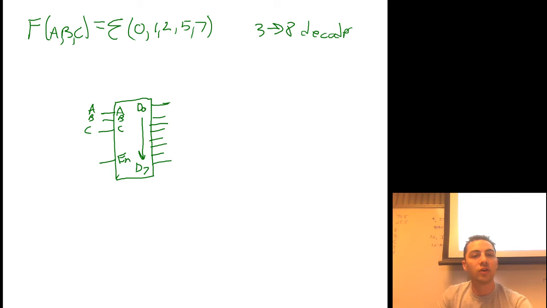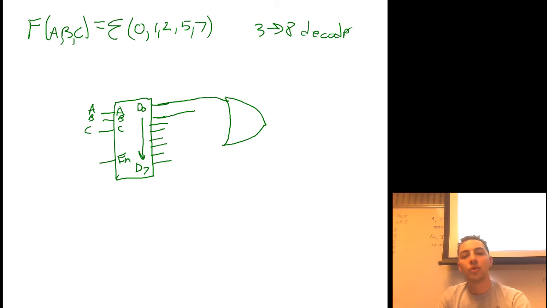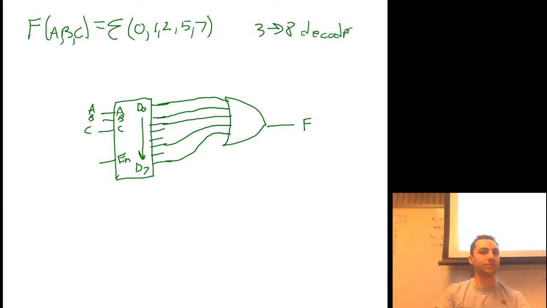So to implement this function, you need an OR gate with min-terms 0, 1, 2, 5, 7. Ta-da!